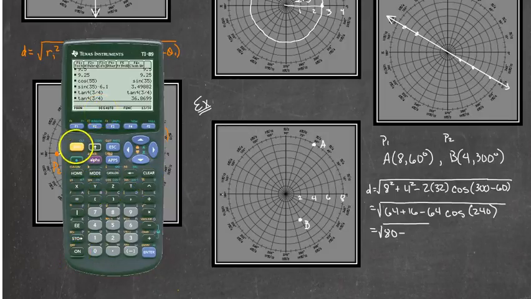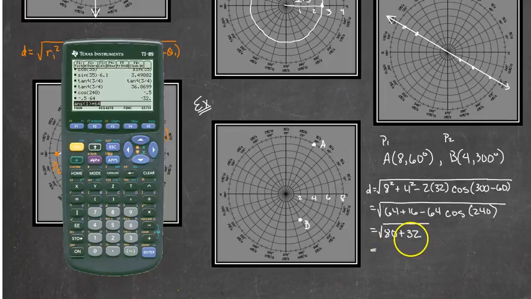The cosine of 240 in a decimal value is negative 0.5, times 64 is negative 32.